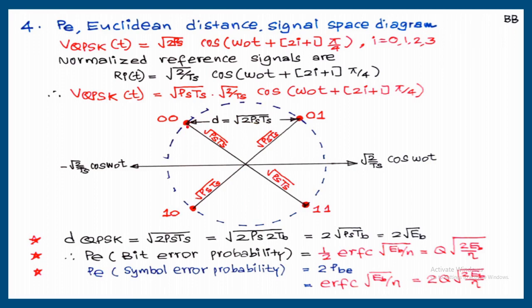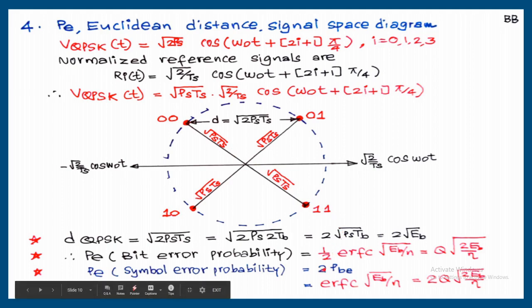Now, there are two adjacent symbols with respect to each symbol. That is why the probability of symbol error will be 2 times compared to the probability of bit error. If this third symbol is also with the same distance with respect to 0, 0, then here the multiplication will be 3 into PB. But that is not the case here.